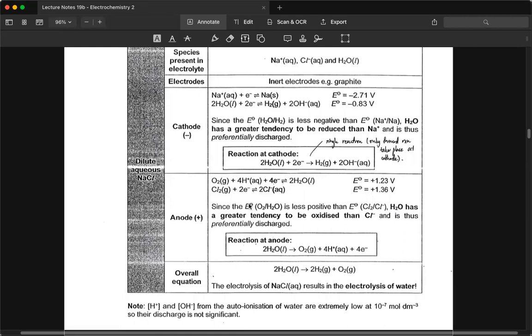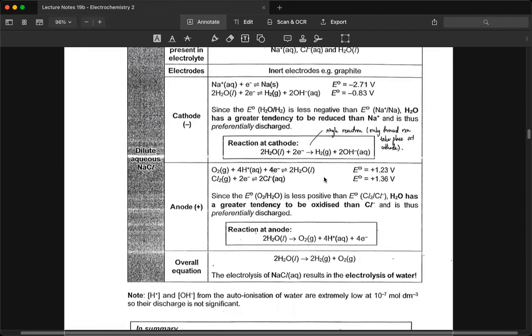At the anode, let's compare their standard electrode potentials. Since the E0 of oxygen is less positive, water has a greater tendency to be oxidized than chloride. So oxygen is preferentially discharged.